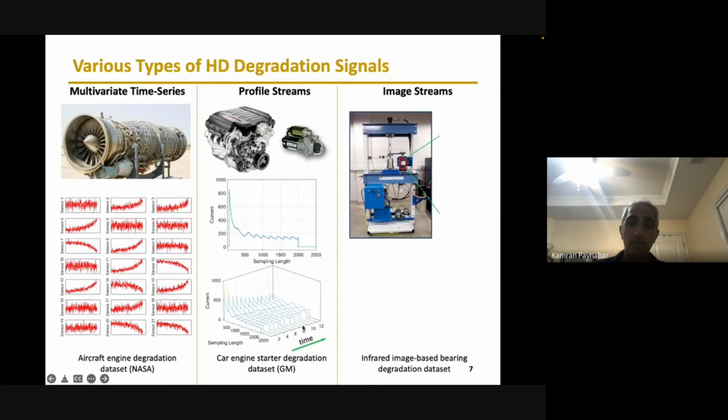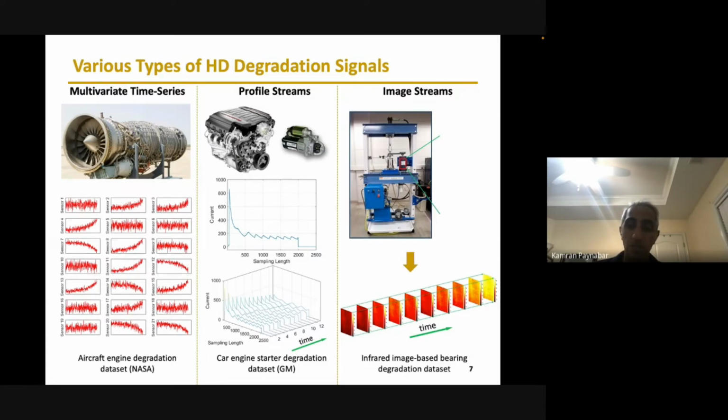Another example would be image streams. In this case, we have a rotating gearbox, and we are using an infrared camera to see the thermal behavior inside, which is caused by friction.